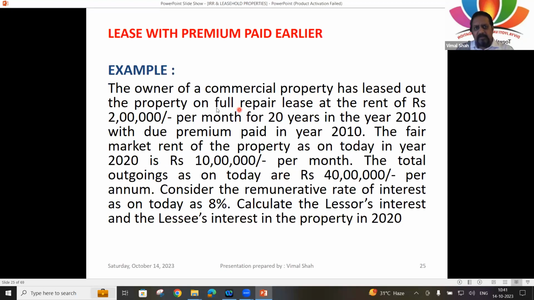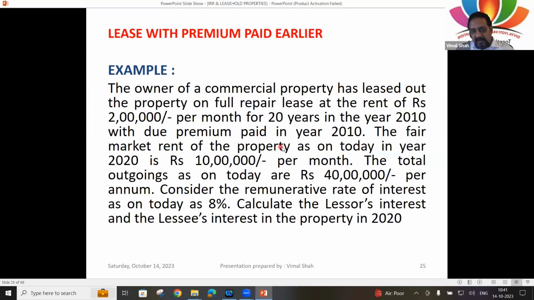It's a very simple example. The owner of a commercial property has leased out the property on full repair lease at the rent of rupees 2 lakh per month for 20 years in the year 2010 with due premium paid in 2010.